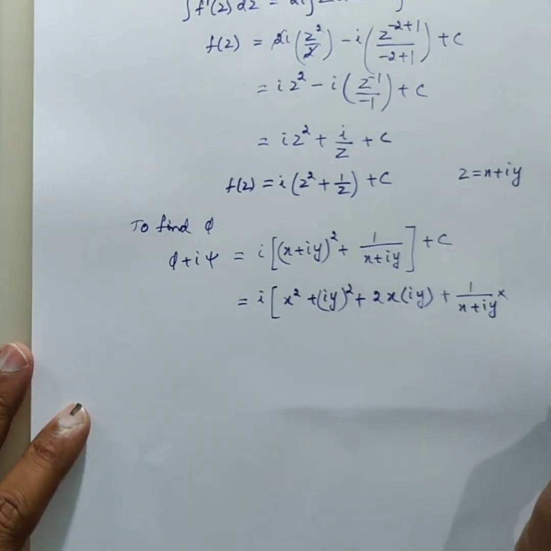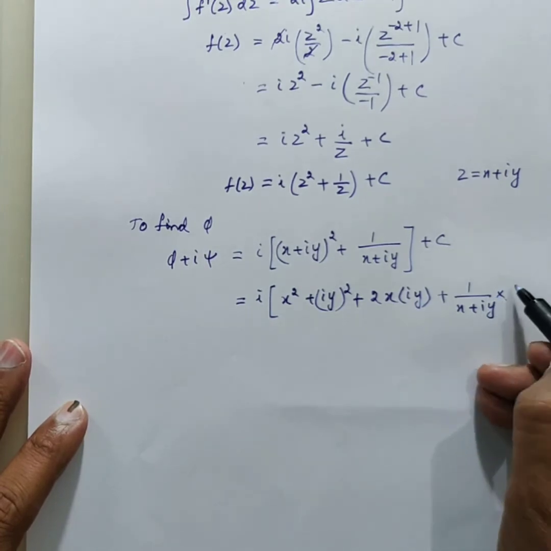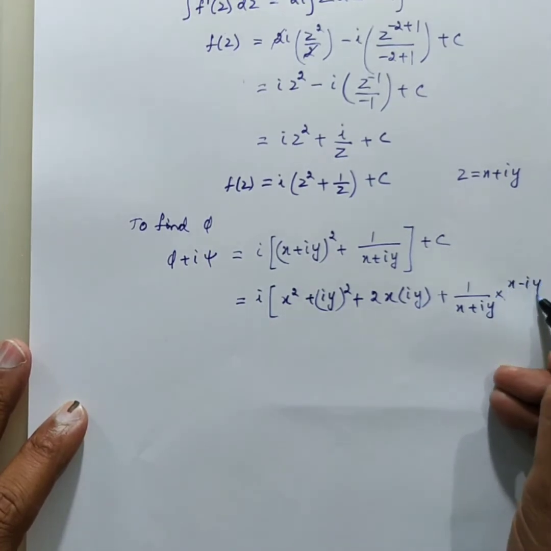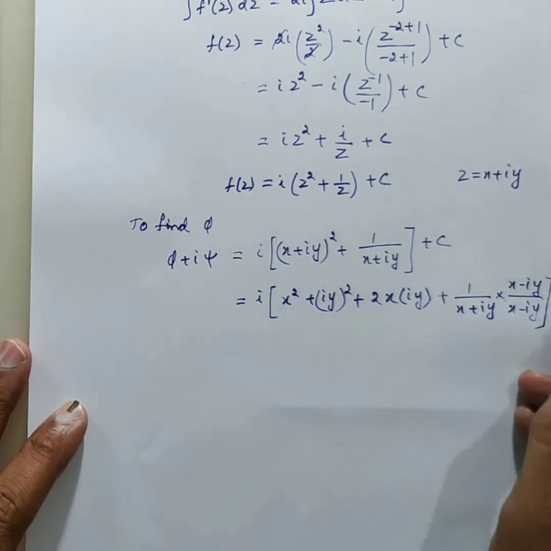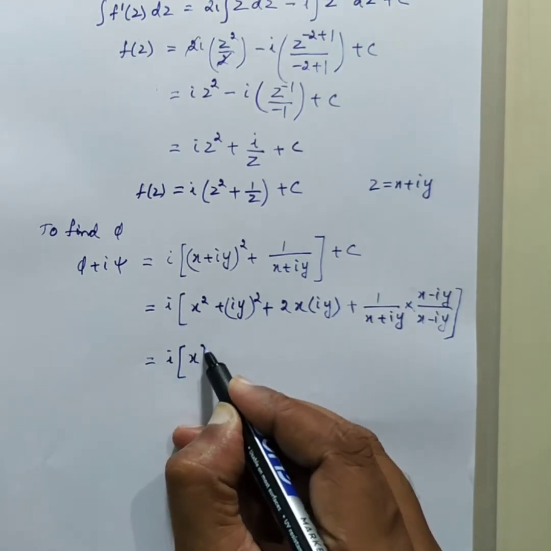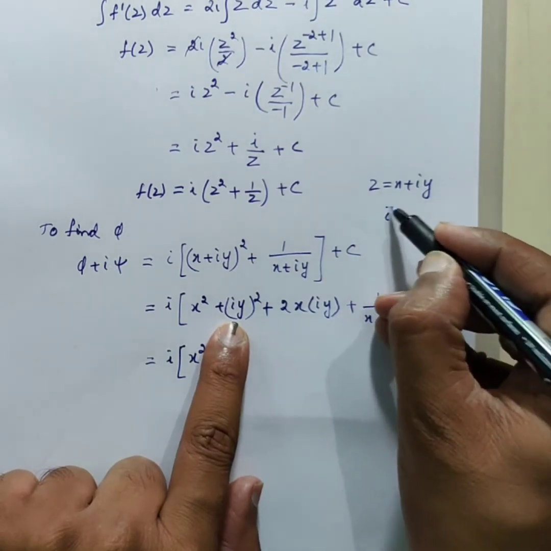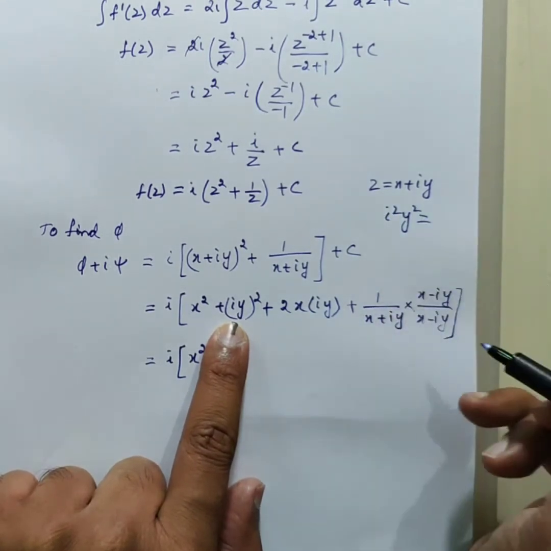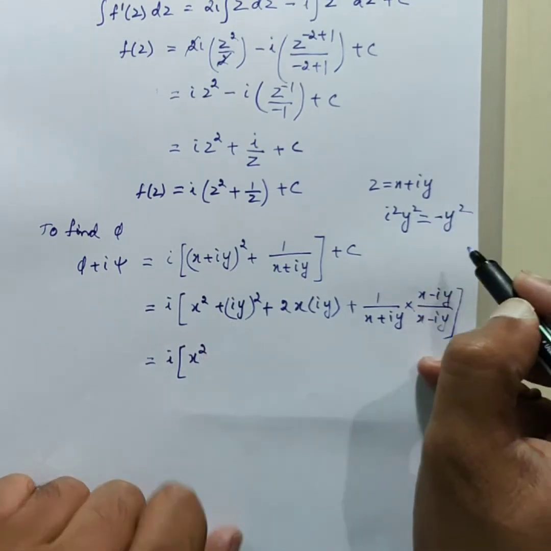So the rationalizing factor for 1 by x plus iy will be x minus iy divided by x minus iy. So this will be equal to i times x square. So here you are having iy whole square, so this becomes i square y square. But we know i square value is minus 1, so we will be getting minus y square.